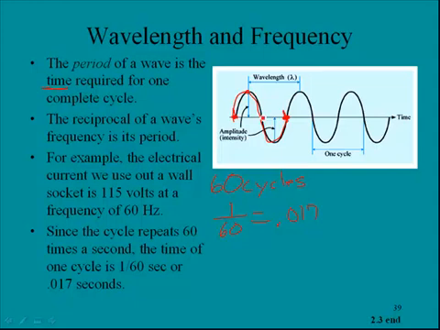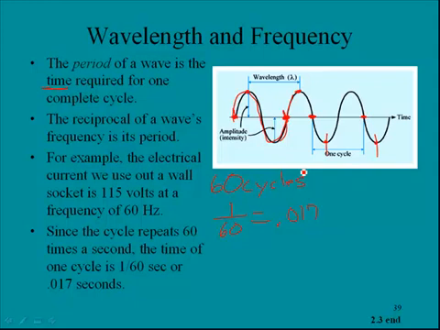From this point to this point is one period or one cycle. We could have said from here to here. And just one way of recognizing that is to go from one point on the sine wave till you get to the same point on the next wave, and that will be one cycle.